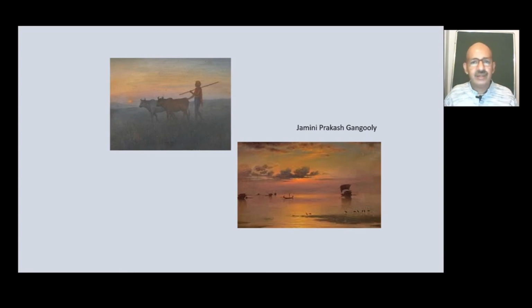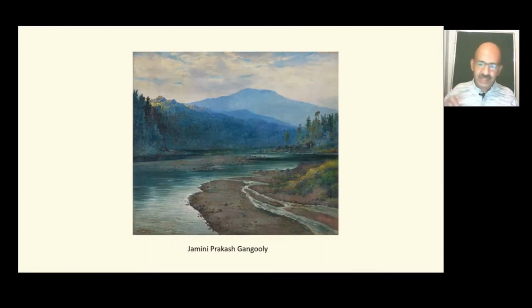Nothing to do with the Indian miniature traditions, nothing to do with Bengal school. But in Jamini Prakash Ganguly's landscape paintings, sometimes you do see a certain kind of mellowed down atmosphere, not very harsh atmosphere, certain kind of tonality which evokes a sense of not high pitched melodrama but a sense of emotionally controlled feeling, maybe a certain kind of pathos.